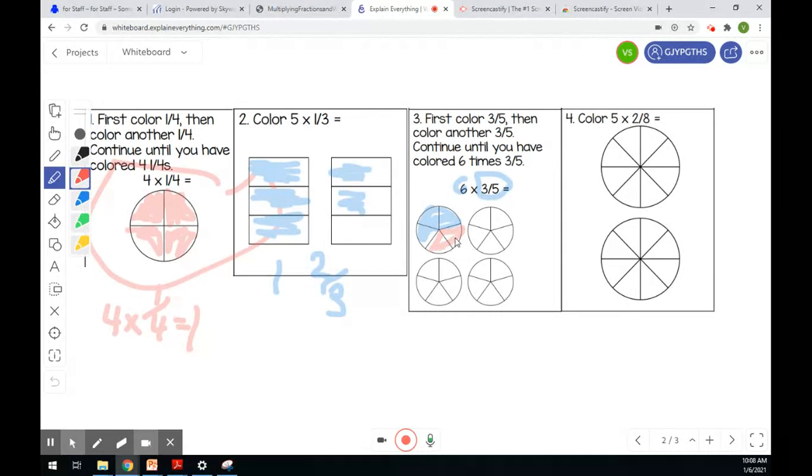Okay. I'm going to use different colors. Notice that I'm going to do 6 groups of 3/5. So far I've created 1, 2, 3, 4 groups. I'm going to do group 5.